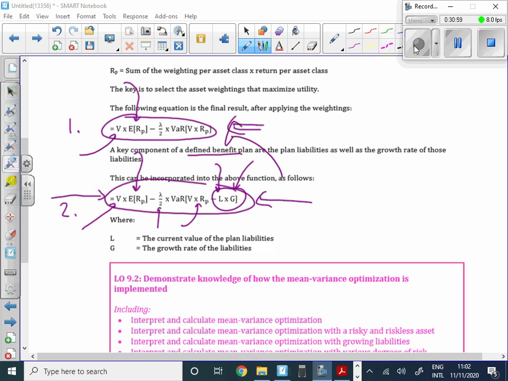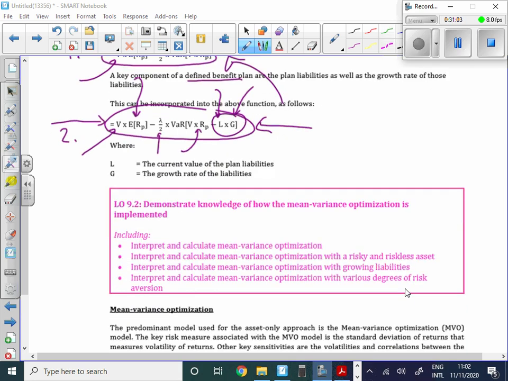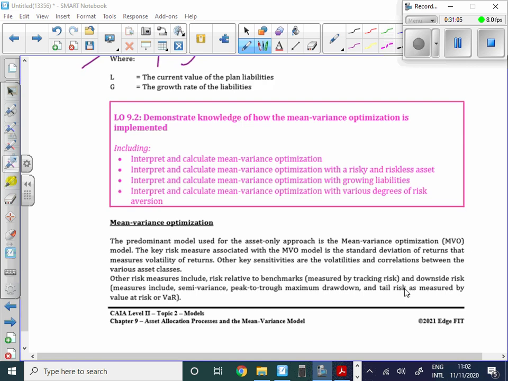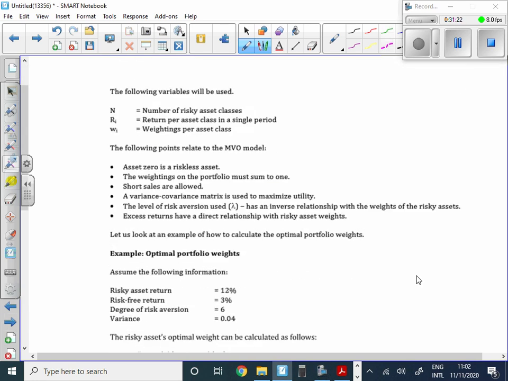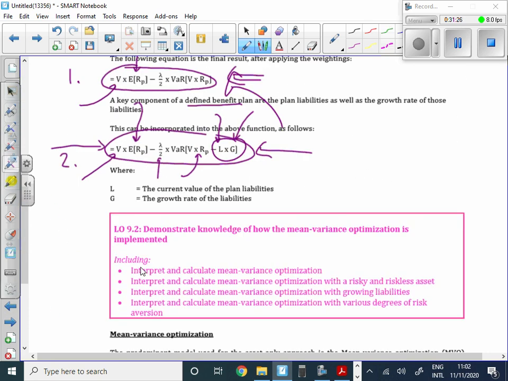Okay, learning objective 9.2, knowledge of how we implement MVO, mean variance optimization. We've spoken about this a little bit before. I'm not going to go into too much detail on the little bit of theory that we have over here. Let's shoot over the page. When I look over here, guys, remember the key behind this particular learning objective is implementation.